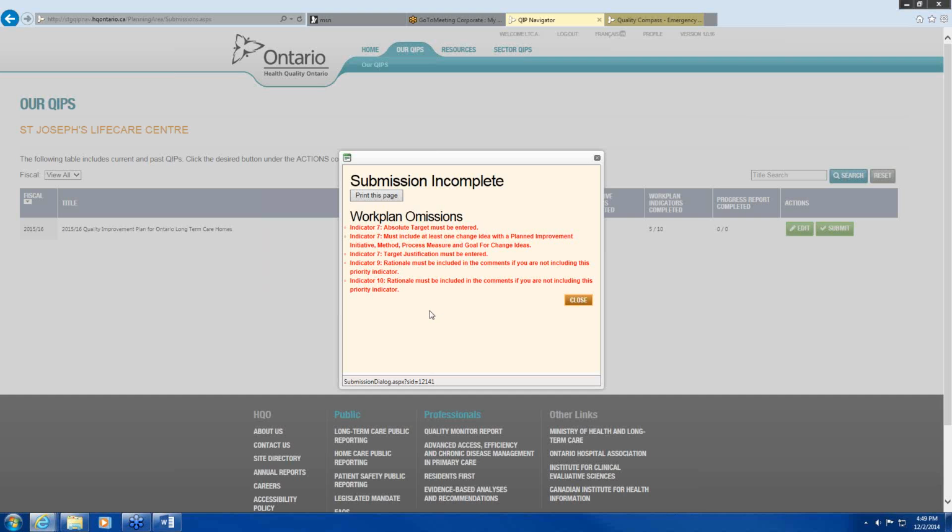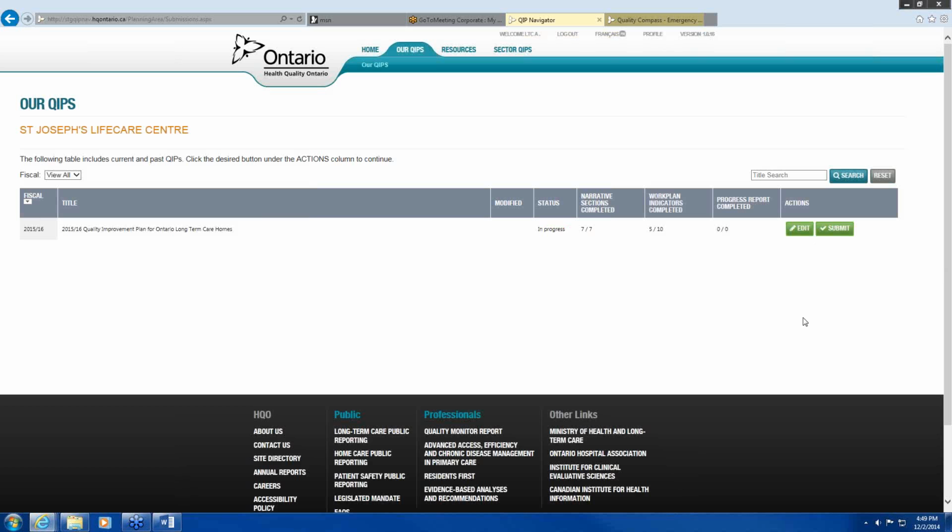So again, I'm encouraging you to get on to that sooner than right at the end, because it can be kind of confusing when you get to that page, and you don't want to panic. It's like a bingo sheet. Just find the indicator, go along to where the section is that it's asking you to complete.